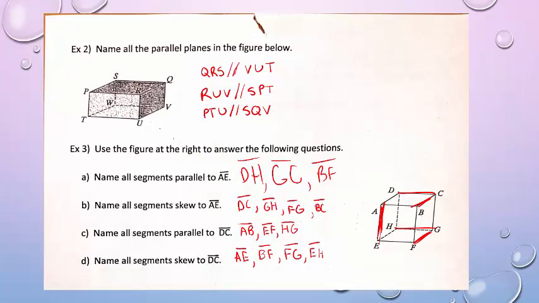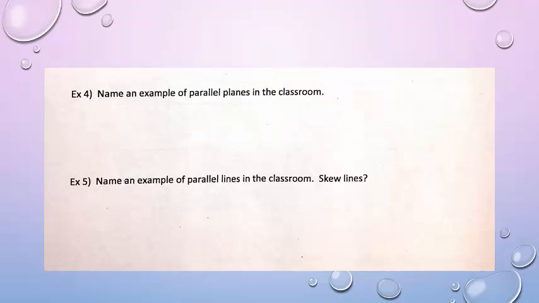All right, hopefully your answers match up with mine. If you can't read that, it says BC, then you're basically doing the same thing again, only using DC. Parallel planes in the classroom could be the ceiling and the floor, for example. Parallel lines could be the top border of the chalkboard and the bottom could be the other parallel line.